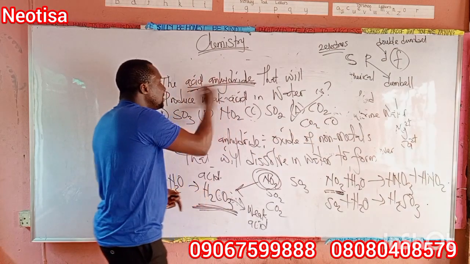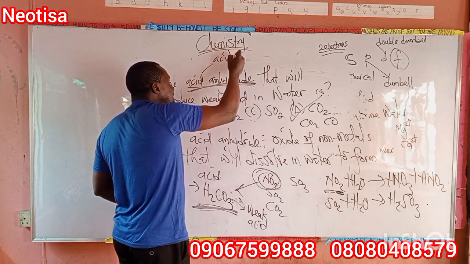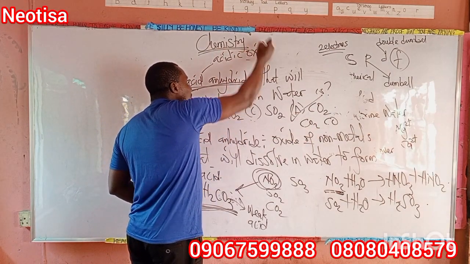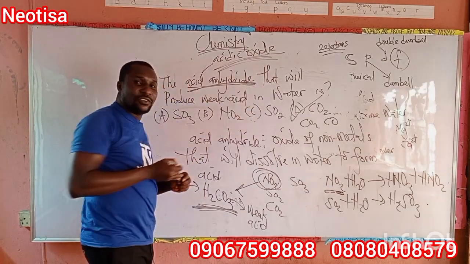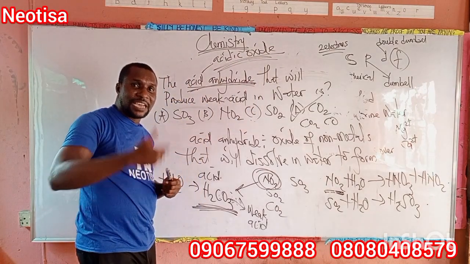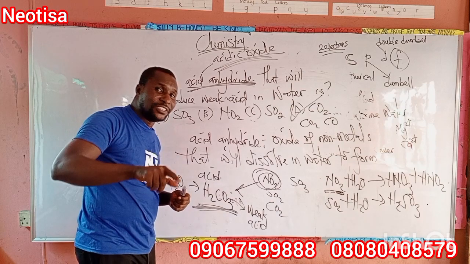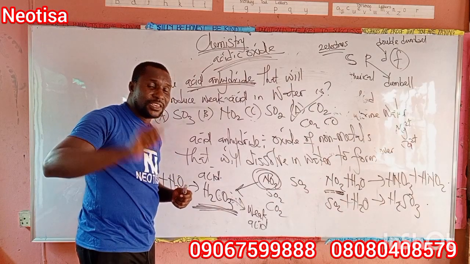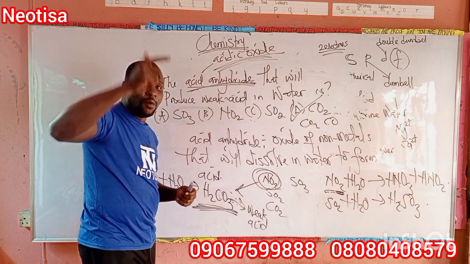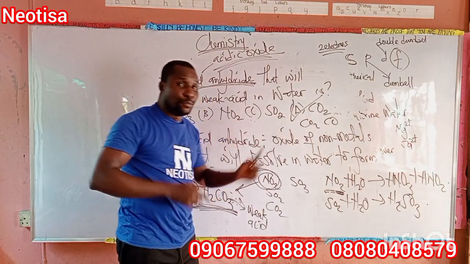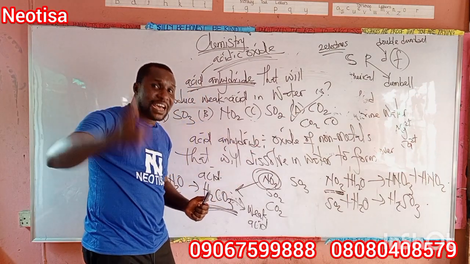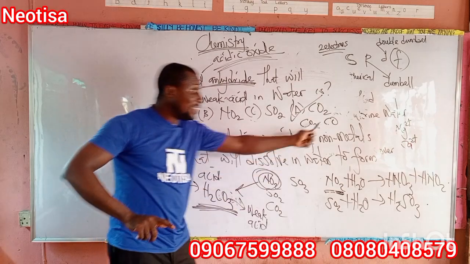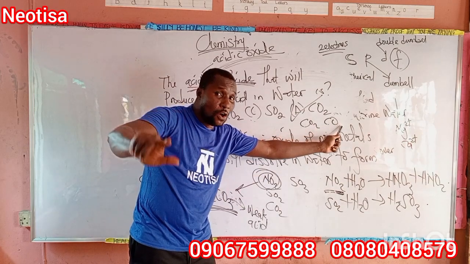Another name for acid anhydride is acidic oxide. That means oxides of non-metals that react with water to form acid. CO2 produces a weak acid when it reacts with water, while CO is a neutral oxide.